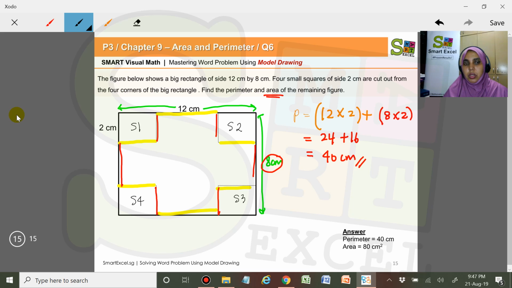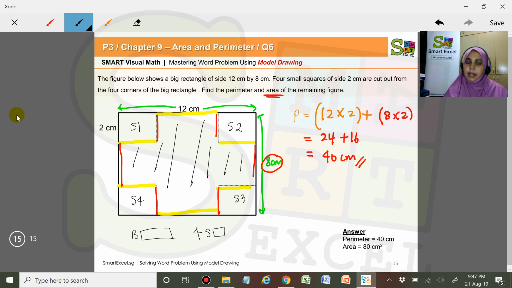So it's actually your big rectangle. We can minus all the four small squares. That will give us the remaining area. Agree? Alright, so let's find that.